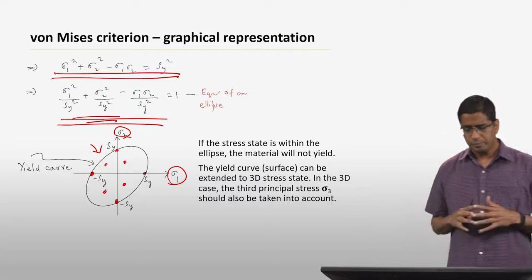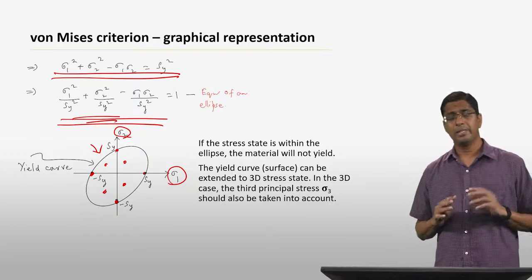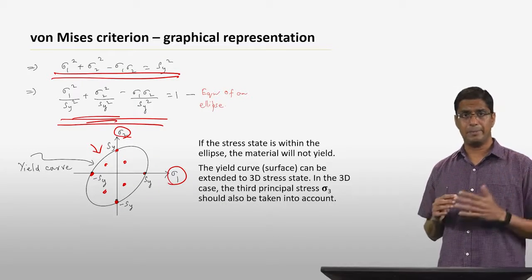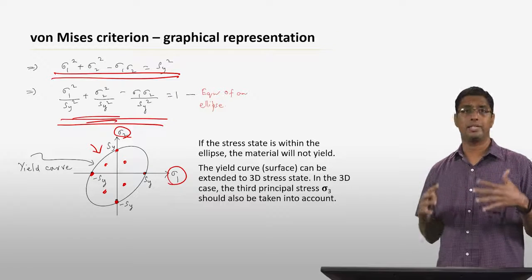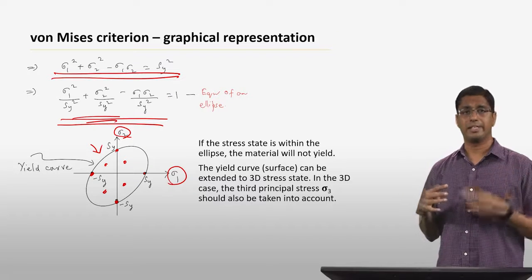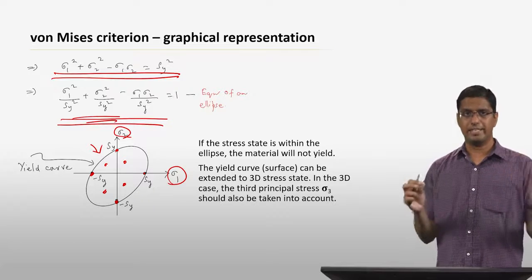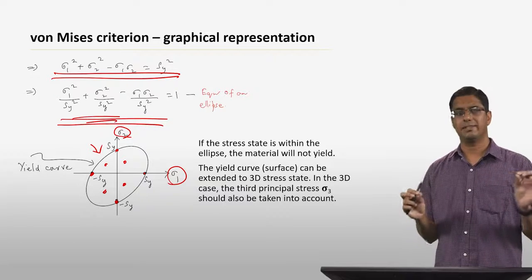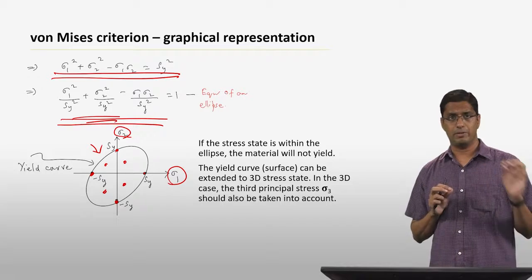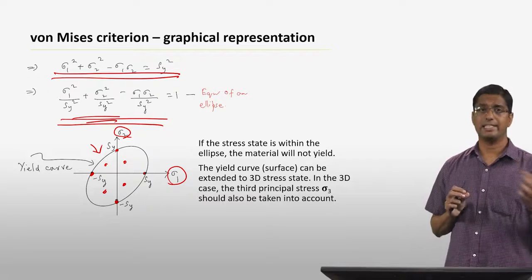Now, if you recall, the graphical representation of the yield curve or the yield surface in the case of the Tresca criterion was something like a hexagon. It was not a perfect hexagon, but it essentially was like a hexagon. In this case, though, for the von Mises criterion, it is actually an ellipse.